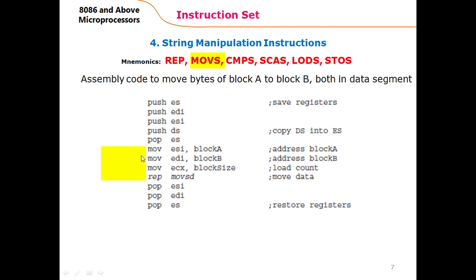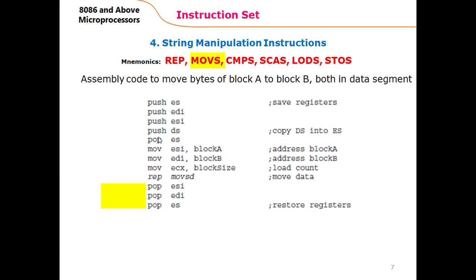After all of the bytes in block A are transferred to block B, the repeat condition would fail, because CX would be 0, and the controller would come to the next 3 instructions, which are responsible for restoring the original values of the registers.